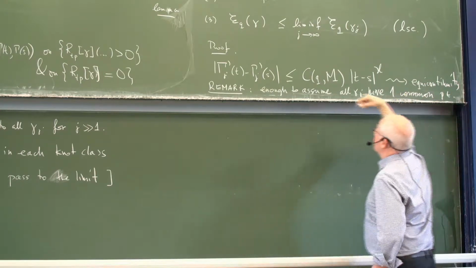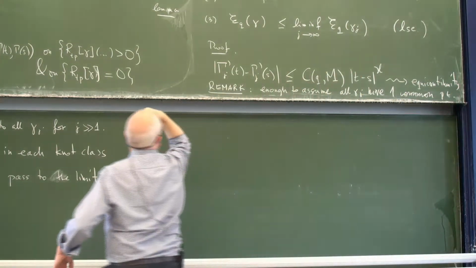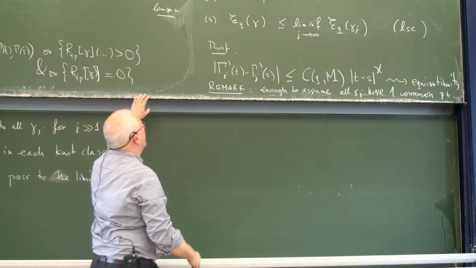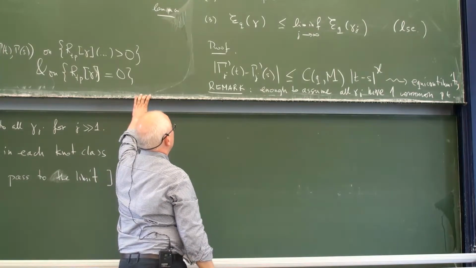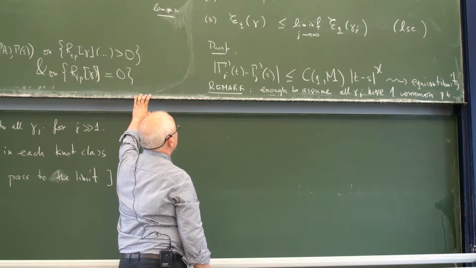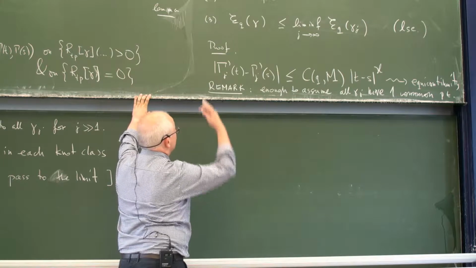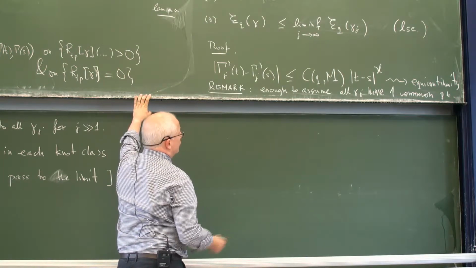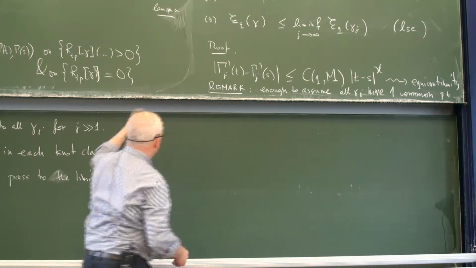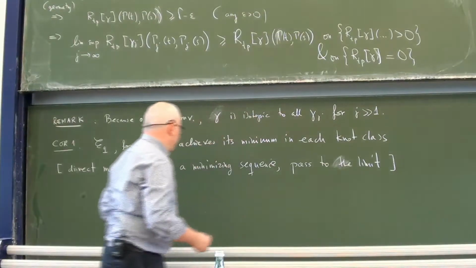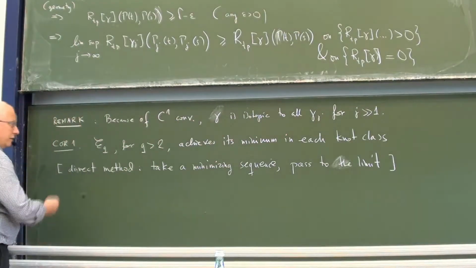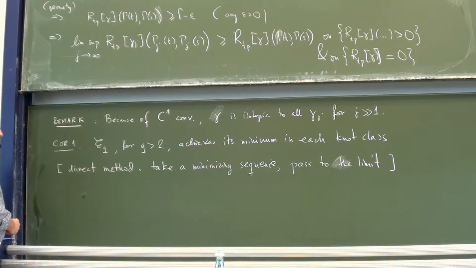Because this is enough to conclude that the limit of any subsequence of gamma j primes is equal to gamma prime. You don't need the convergence of the whole sequence. You just need the convergence of the functions at one point. So if they have a common point, this is enough.